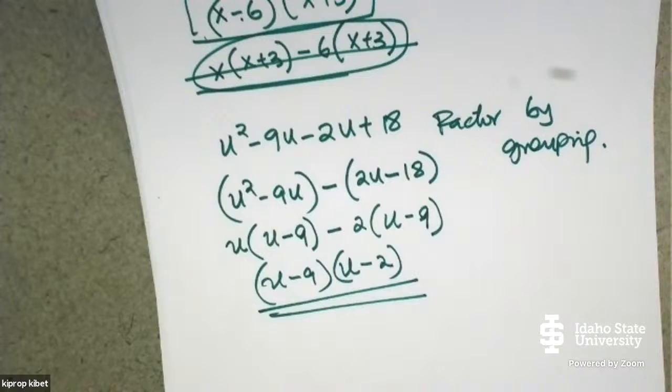Because when you open this bracket, it will be minus 2u, since there is a minus 1 here, which is imaginary, right? So minus 1, 2u. When you open this bracket, you multiply by each one of them. So it will be minus 2u.